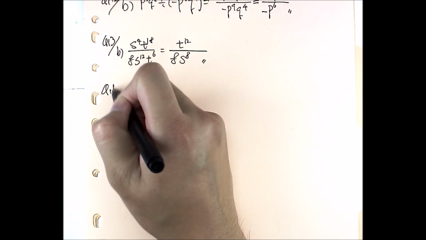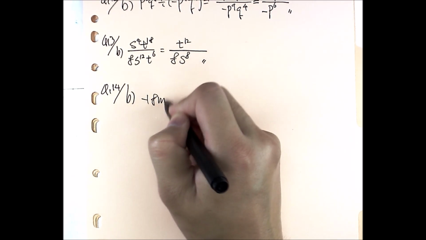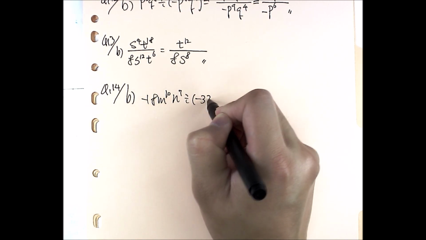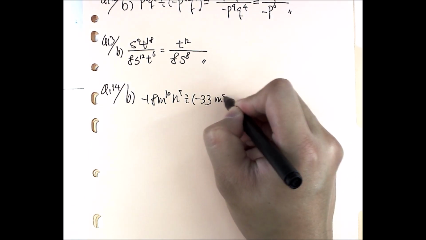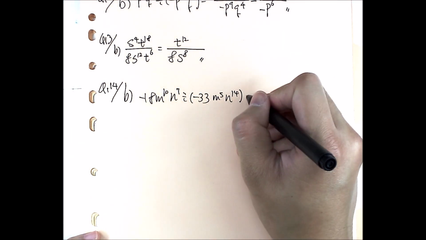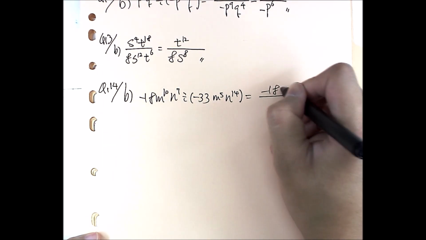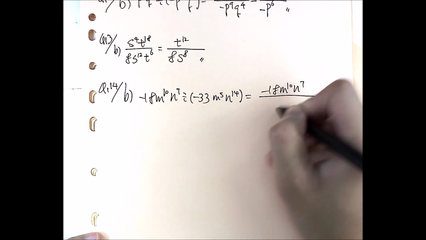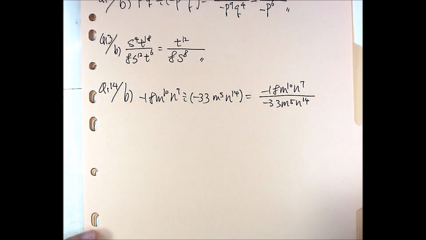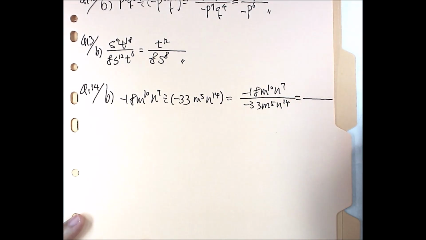So go to 14. We copy the question. Minus 18 m to the power 10 n to the power 7 divided by minus 33 m to the power 5 n to the power 14. Understand? So make it the fraction. Okay, keep going. Draw the fraction line.